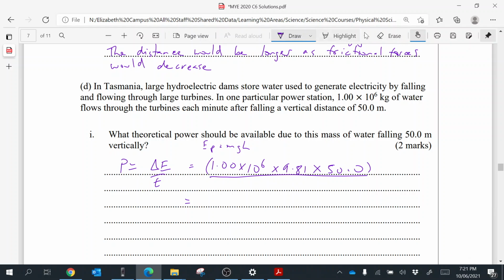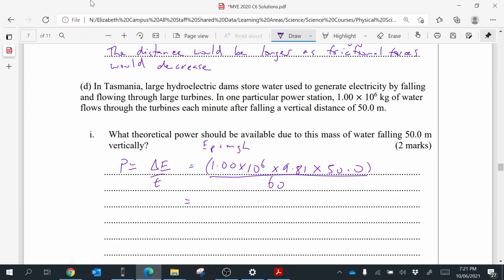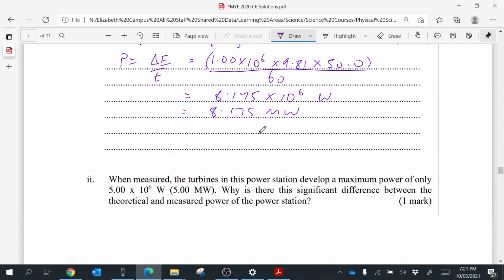Okay. Divide by 60. So let's do that again. Okay, that's better. So 8.175 times 10 to the 6 watts, or 8.175 megawatts. Okay, that's a bit better.